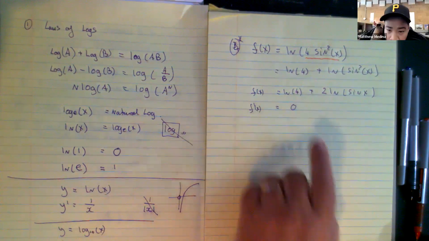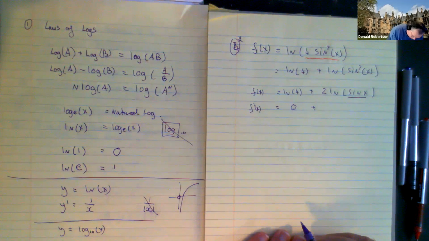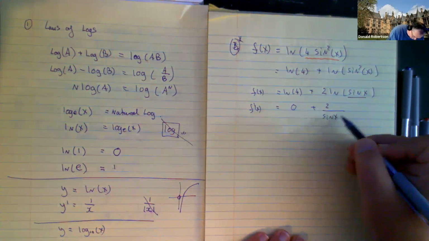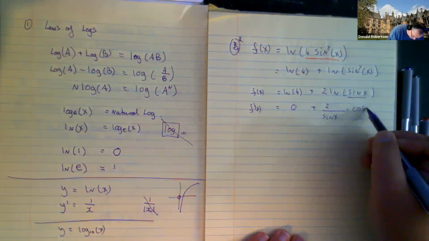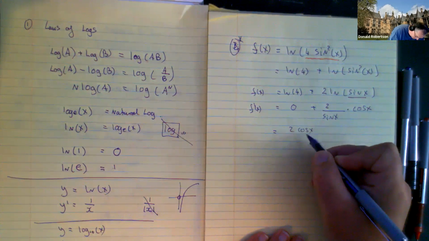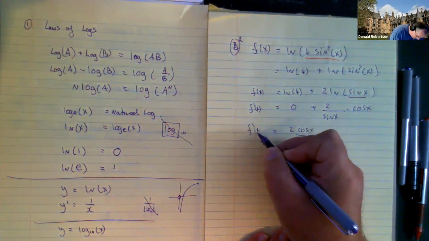Now you want to differentiate this guy. There's your inside function. So it's going to be 2 times 1 over the inside function times the derivative of the inside function. And so I'm now looking at that answer.